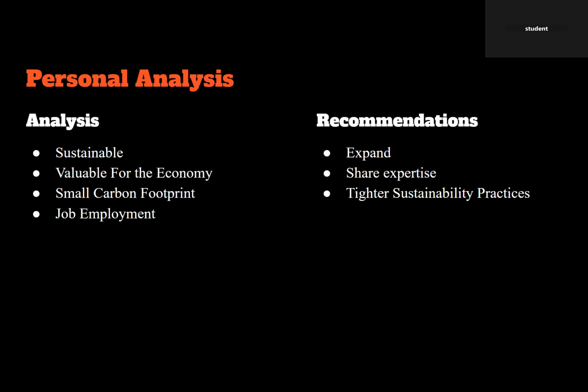And then share expertise. So not only expand trade, but also teach other countries how to do this, how to grow it, how to use it. And then third, tighter sustainability practices. So I have seen that there are not the best sustainability practices. Obviously we need a large area to be able to grow a large amount of sugarcane.